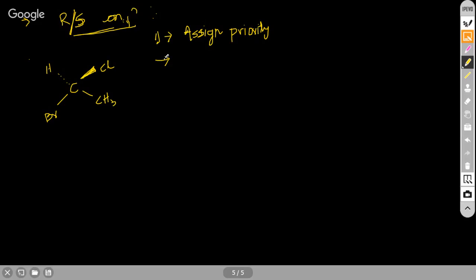The group or atom which has the least priority must be with this dash bond. That's the condition we have. Now the third point is, we have to trace this line.